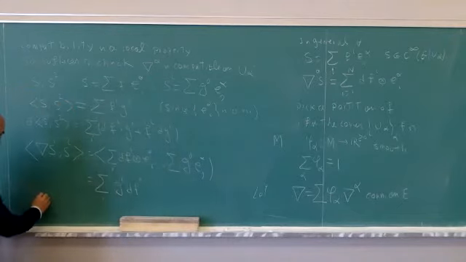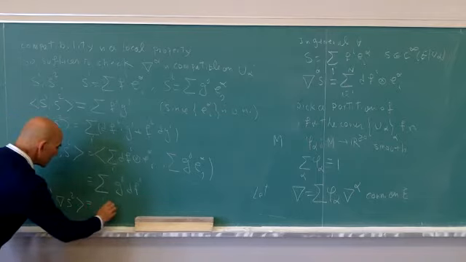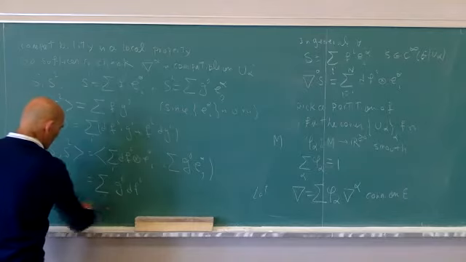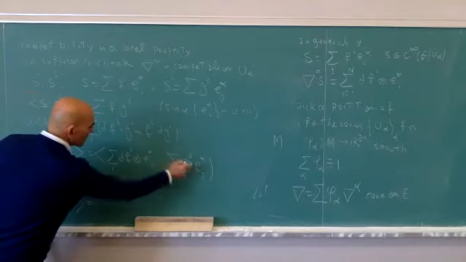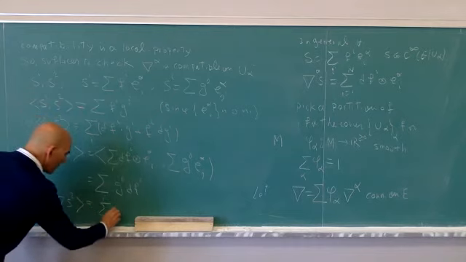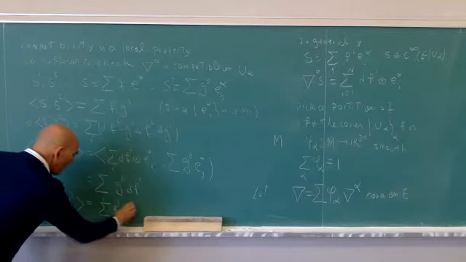The other thing, S1 with ∇S2, is just again a sum, and you get the same thing in this form. You get f_i dg_i.